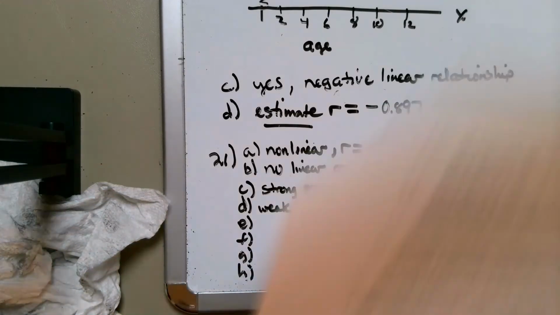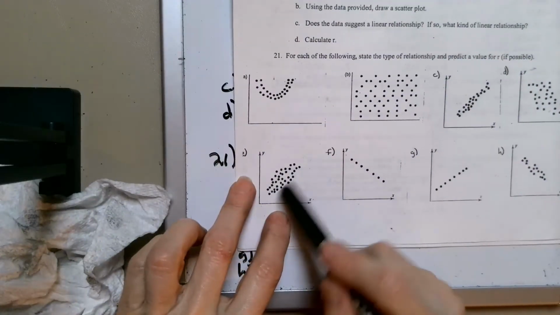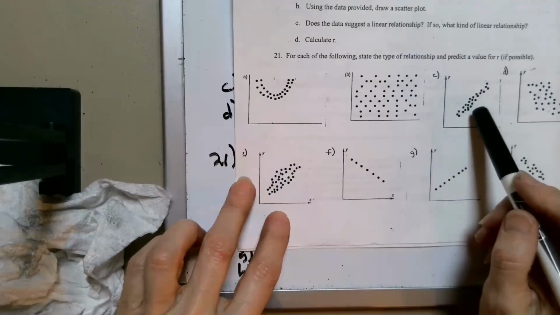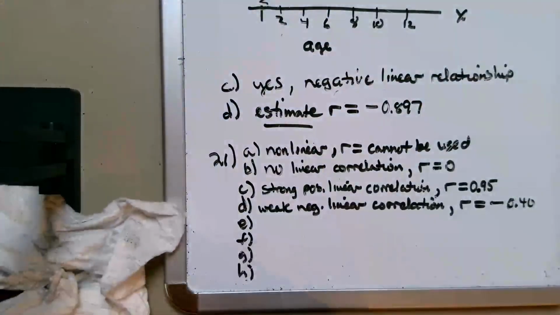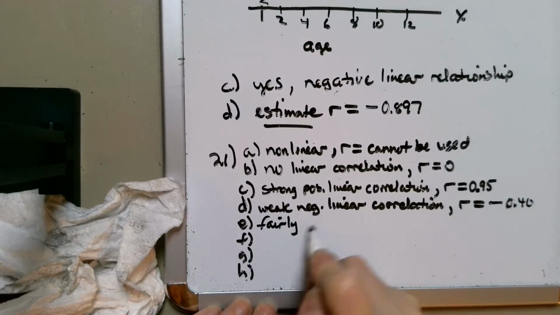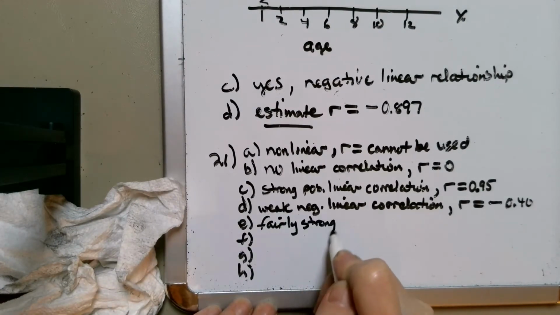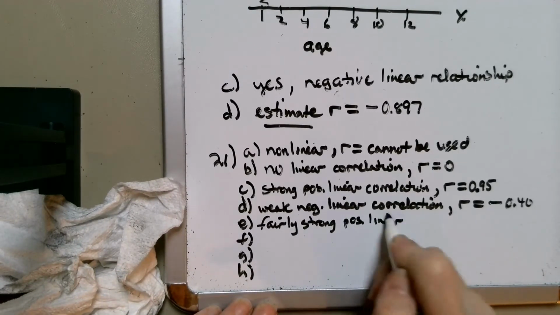If we go to E, E here is a strong positive correlation, not as strong as it was in C. It's not a straight line, but it's pretty strong. So I would call this a fairly strong positive linear correlation.